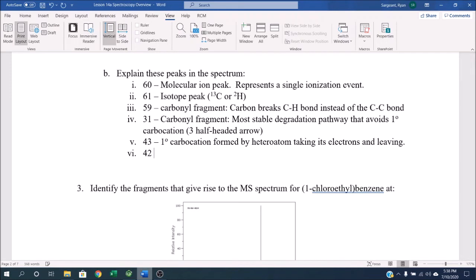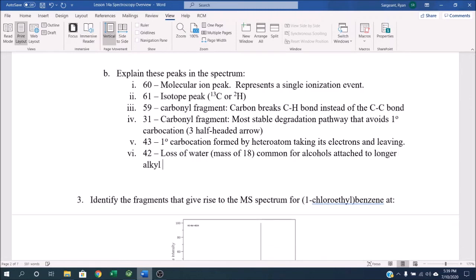So we're just going to describe this as loss of water, which has a mass of 18, and this is common for alcohols attached to long alkyl groups.